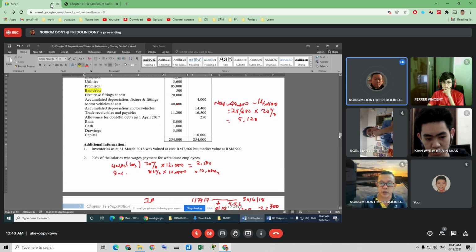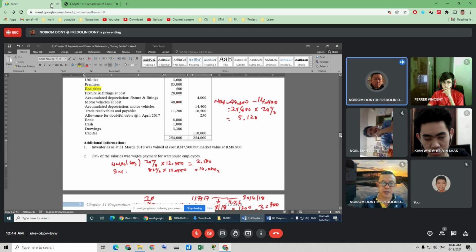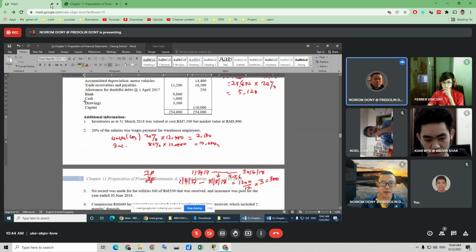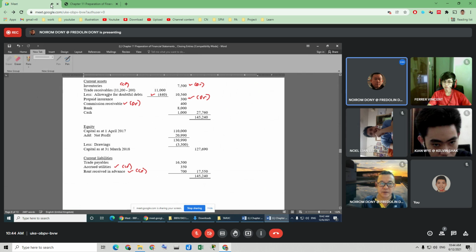But what we have in the additional information is not recorded, so that's why we do the recording. We add it to the existing bad debts just now, that is debit. And the credit is when we show it in the SOFP under current assets, that is minus. We minus 200. Is that what you're asking? No. Okay, I answered your question.